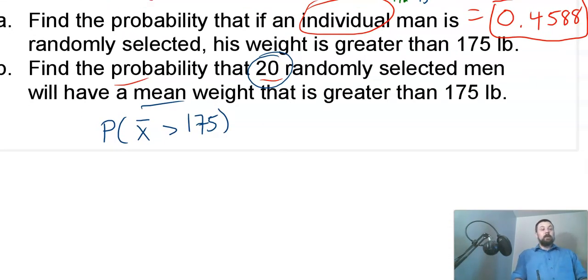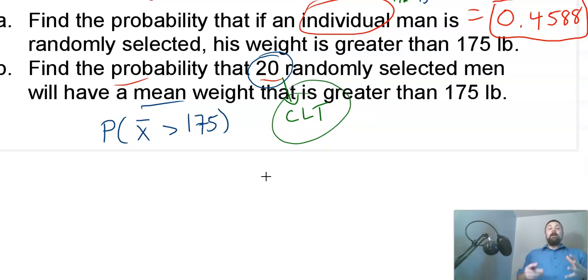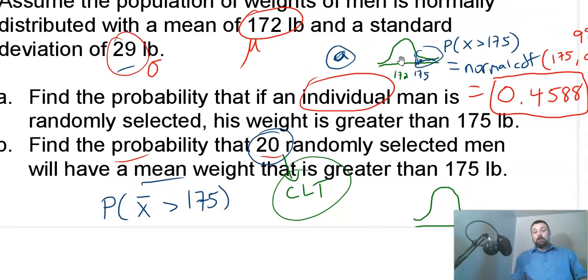Because we're trying to find a probability involving more than one person, we need to use the central limit theorem, often abbreviated CLT. What the central limit theorem tells us is that the distribution of the sample means will also be a normal distribution. So to calculate this probability, I'm going to draw another normal distribution, but it's not the same as the one up here. This one is the distribution of the weights of men.